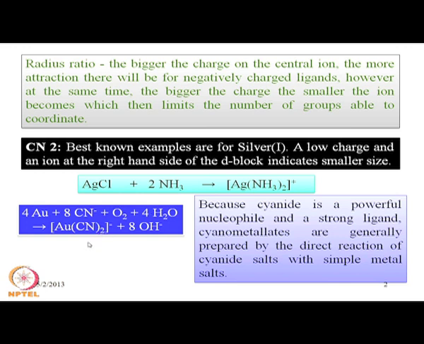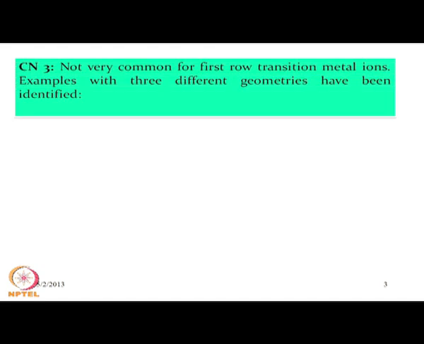And this particular complexation procedure is useful for the purification of gold, where the gold quality is not good. Some impure gold can be treated with this and it can be leached out as the salt, and followed by reduction again back to the elemental gold can give rise to the pure variety of gold in our hand.